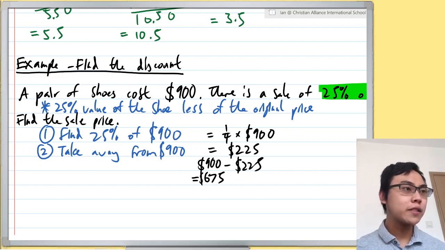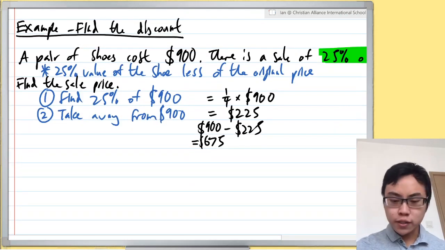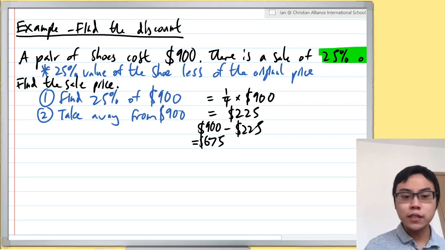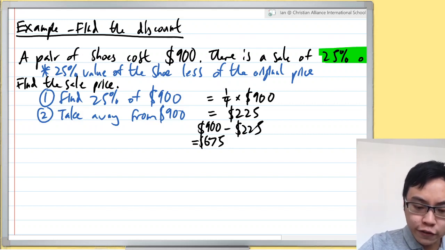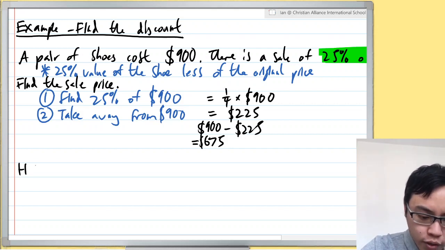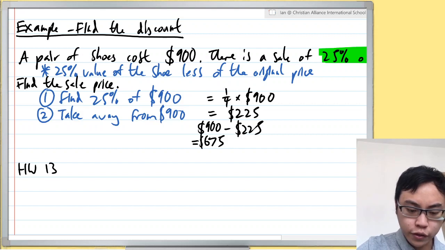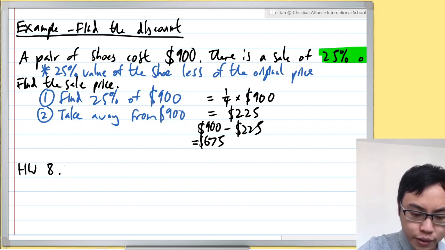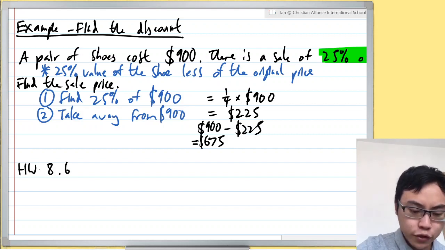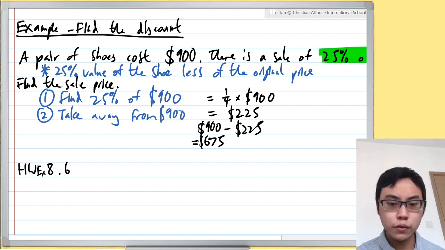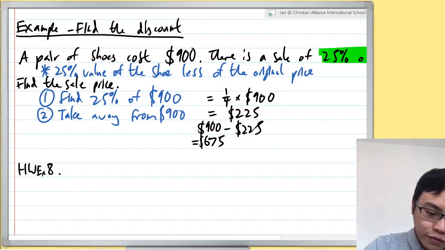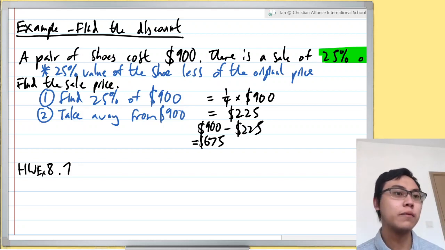Okay. So your homework for today. Let's first practice some percents of numbers, and then next lesson we'll probably do a few more examples to do with applications of percent. So homework will be chapter 8.6, exercise 8.6, and then you will need to do questions 8.7, finding percent of a number.